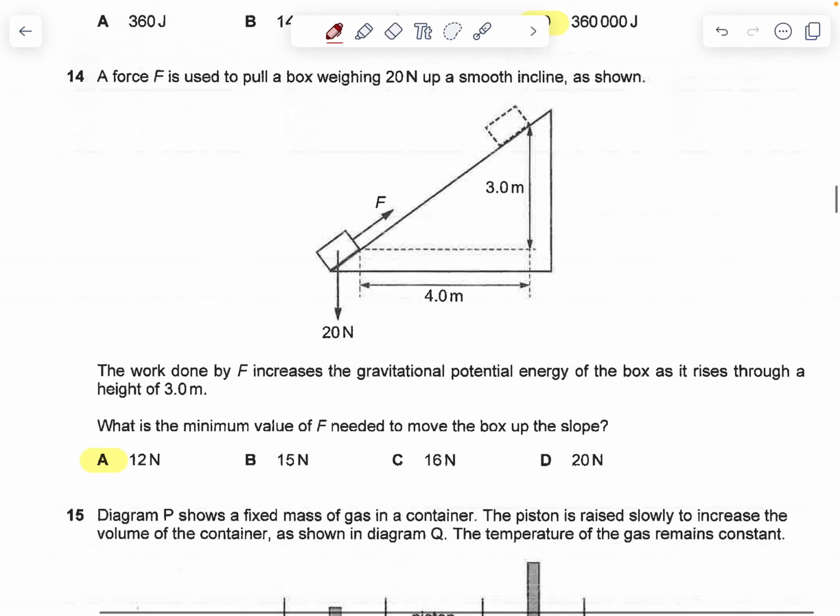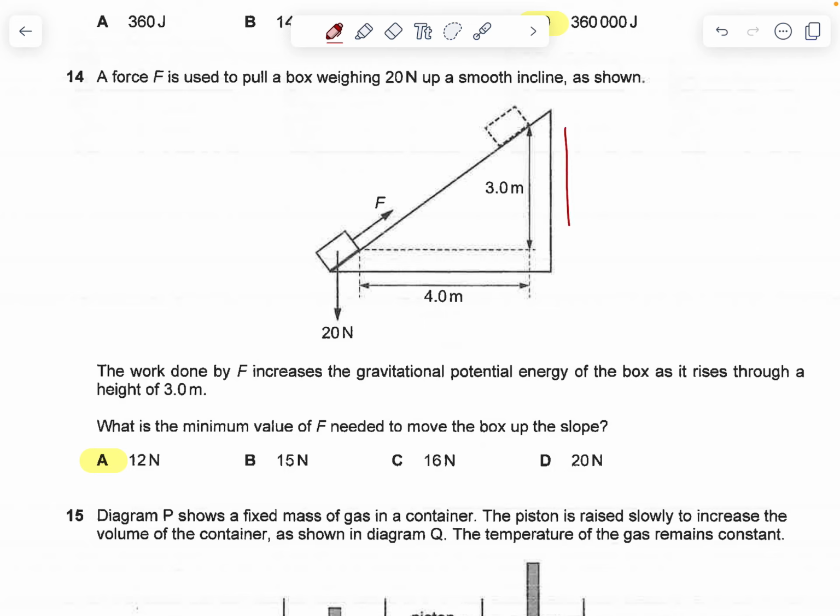Question 14. A force F is used to pull a block weighing 20 newtons up a smooth incline as shown. So as it goes up, it gains a height of 3 meters. So the first equation you use is GPE equals mgh, equation 1.